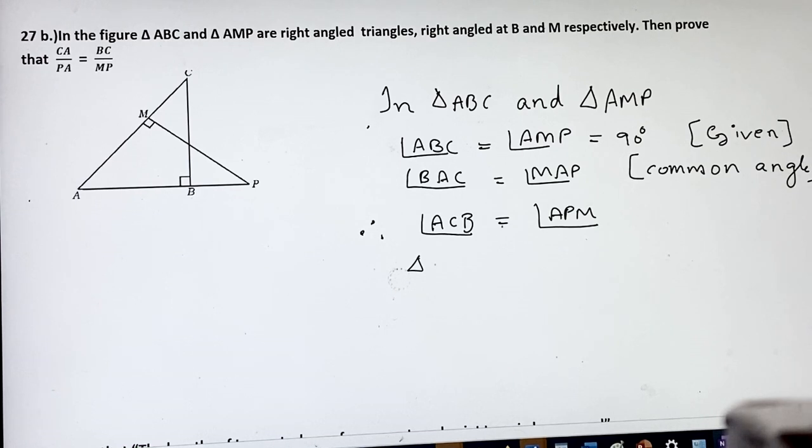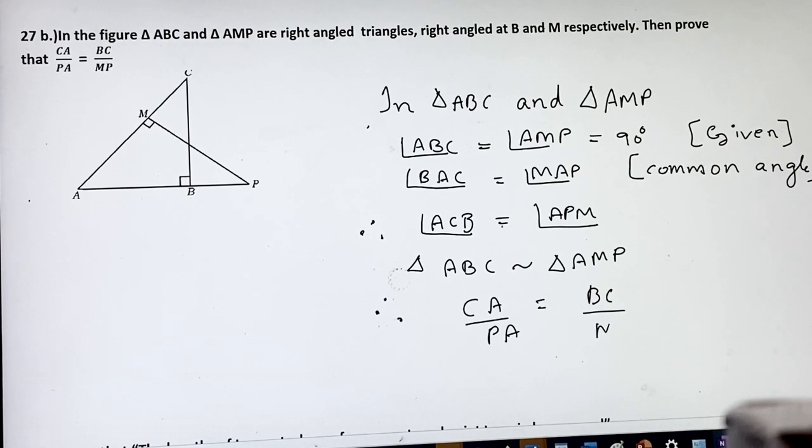Therefore triangle ABC is similar to triangle AMP. This is the similarity criteria. So if these two triangles are similar, then side CA by PA is equal to BC by MP. We have proved the answer.